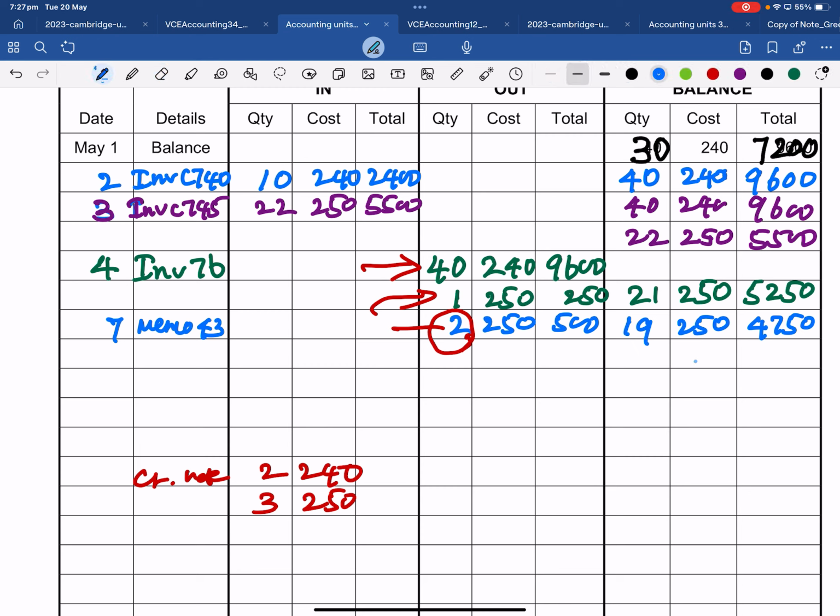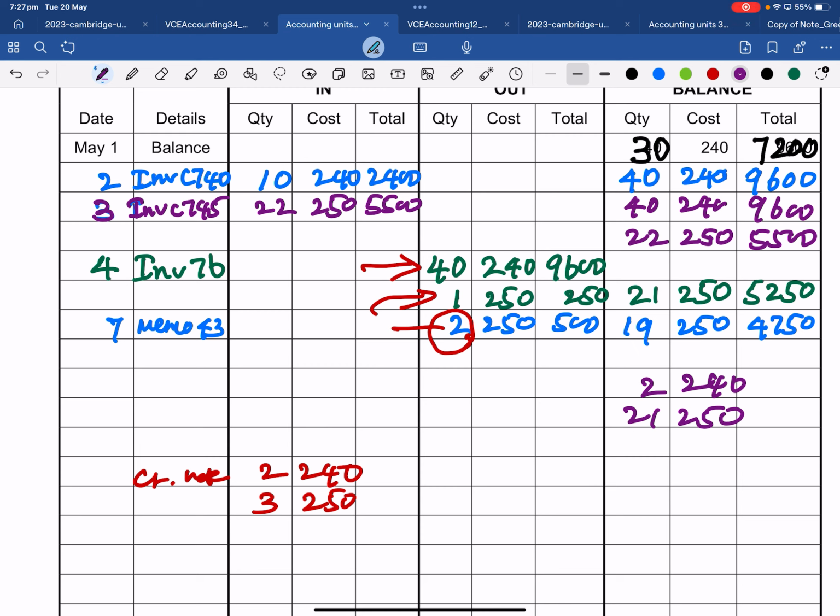What was the balance here? We will have 2 at 240. The balance is 2 at 240 and 21 at 250.